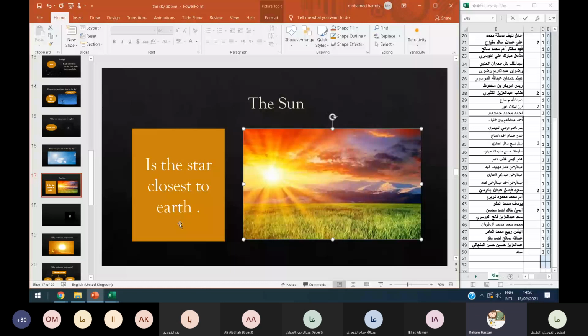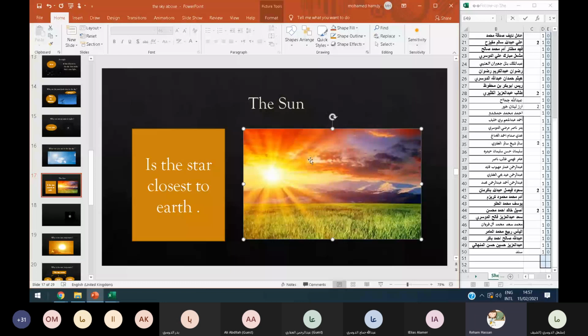It's a star like other stars, so it can make its own light, but it's the star closest to the earth, not far away like others. If we look at the sky, we can see the sun. It's a big sun because it's near to the earth.